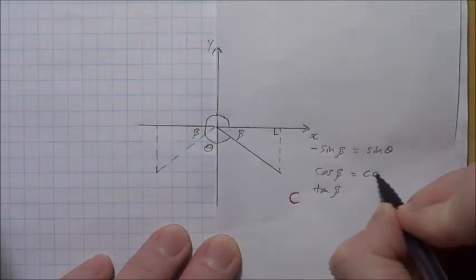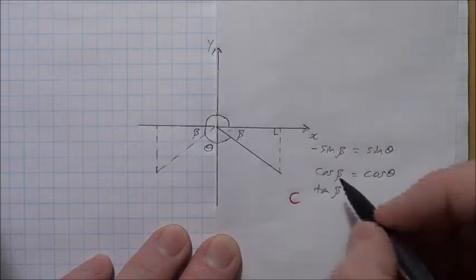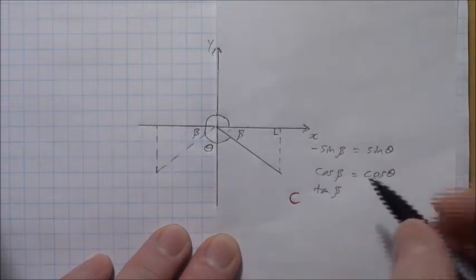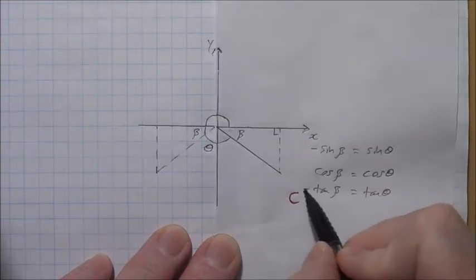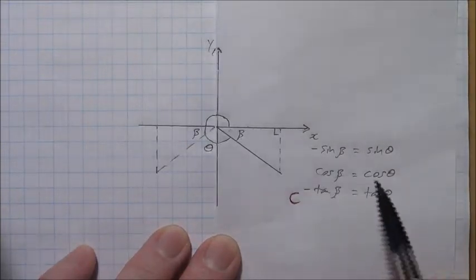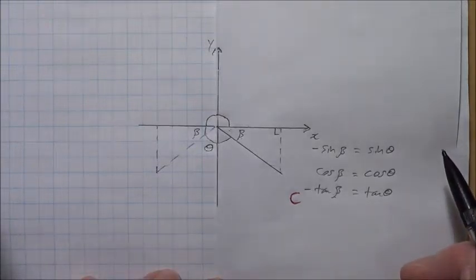Cosine theta is equal to cosine beta. They're related acute angles, so of course they have to be the same ratio. And tangent theta is going to be the negative of tangent beta because of course they're related angles.